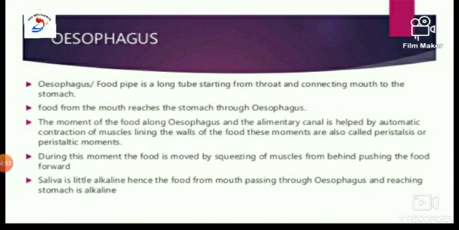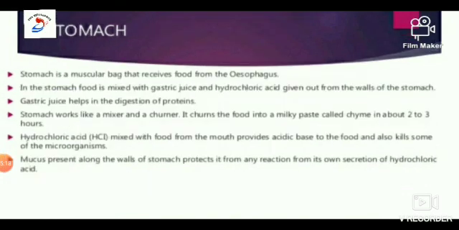During this movement, the food is moved by squeezing of muscles from behind, pushing the food forward. Saliva is slightly alkaline. Hence the food passing from the mouth through the esophagus and reaching the stomach is alkaline. This is carried out by the salivary gland.